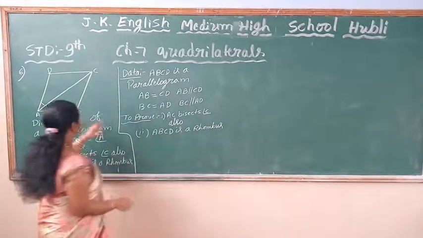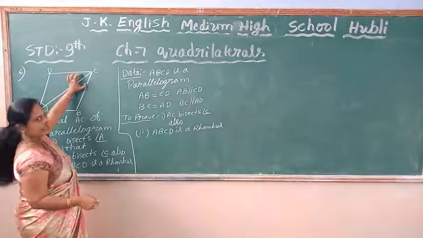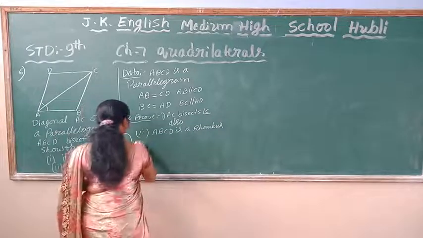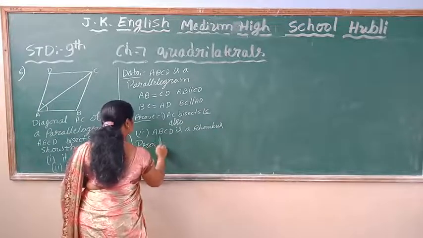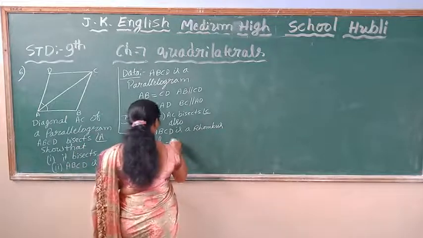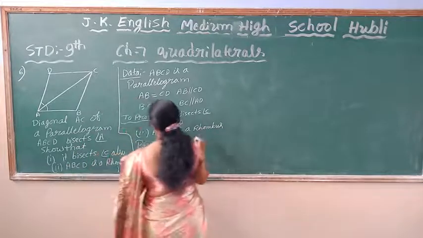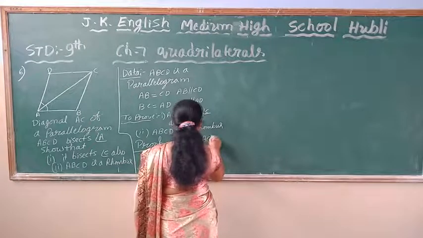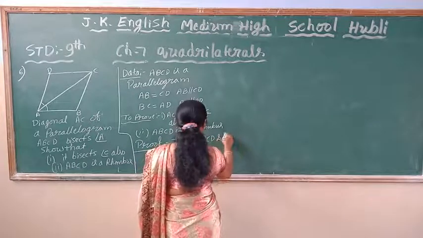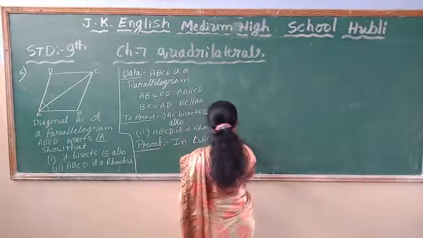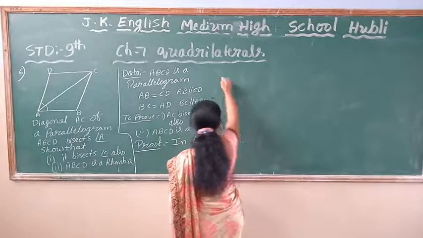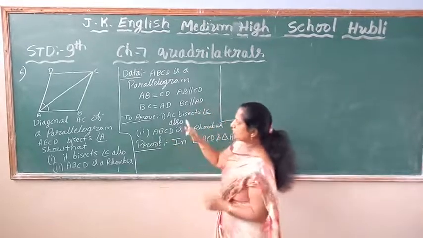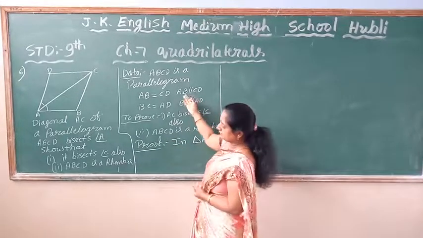So now, to prove these two angles are equal, I am going to consider these two triangles. Proof. In triangle ACD and triangle ABC. In these two triangles, we know already what is given by the data.